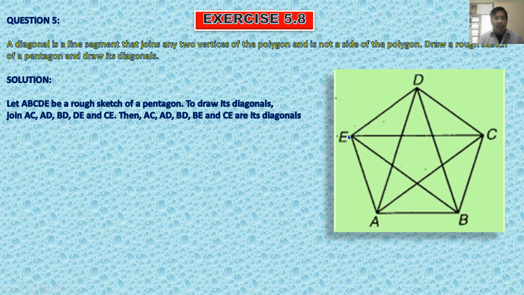Once again, we have five diagonals here, and out of the five, this is not DE, it is BE. Please correct it. This is a typing mistake, so please note down that this DE is BE. Now the line segments AC, AD, BD, BE, and CE are its diagonals. So here we have five diagonals of this pentagon.